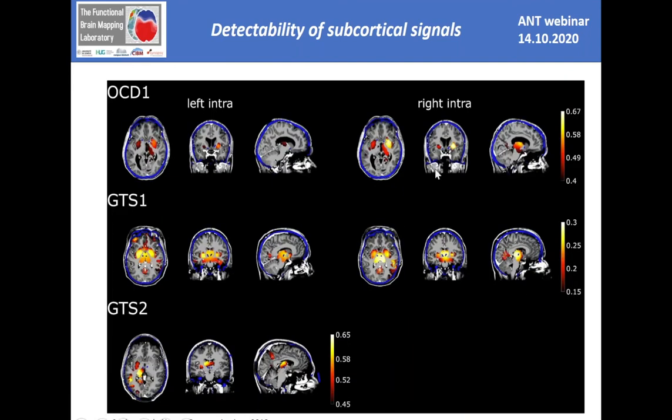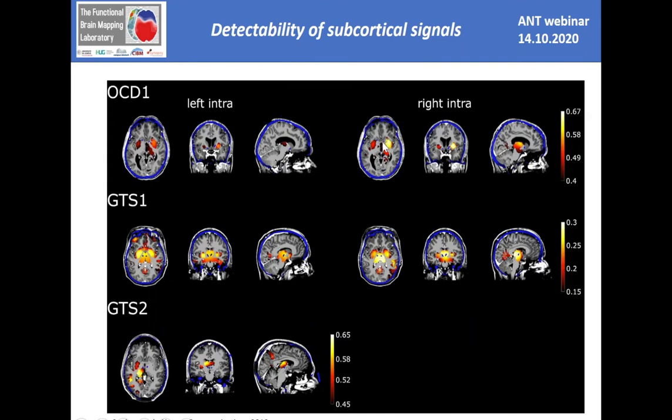When we do this, what I show here in these hot colors is where the correlation is highest, and the blue dots show where the ground truth location is. Meaning, the closer these red to yellow blobs are to the blue dots, the better. What we could show is that the correlation in these deep structures is surprisingly high in areas close to the actual implantation site, but very low and non-significant in all other brain areas.